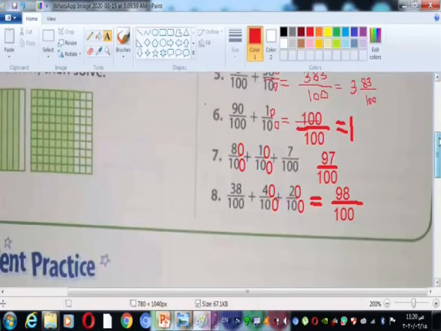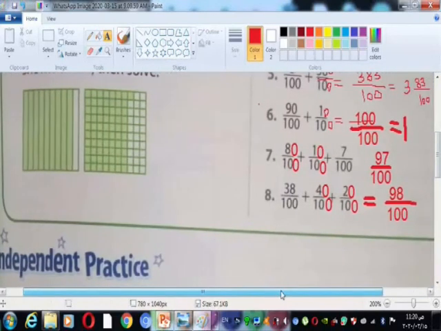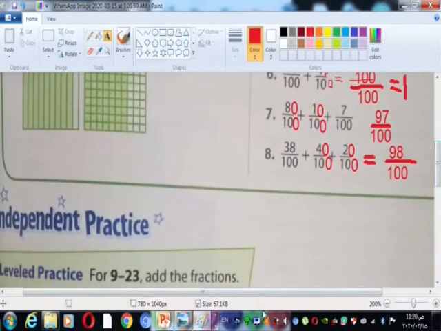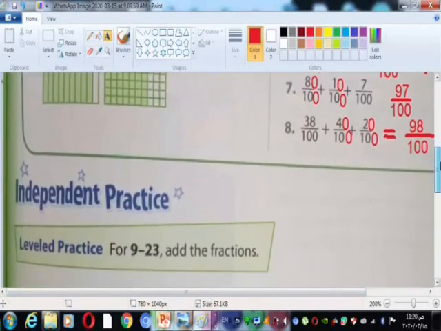So guys, this is our session about how to add fractions with denominators of 10 and 100. Now, this is our quick session of today of math. So your homework today is this independent practice.